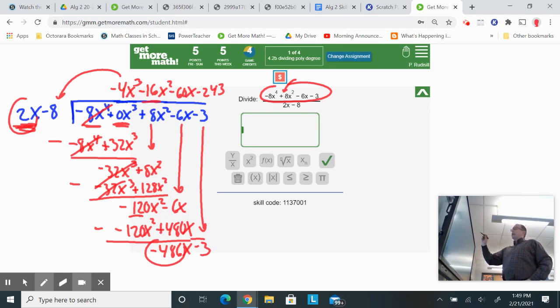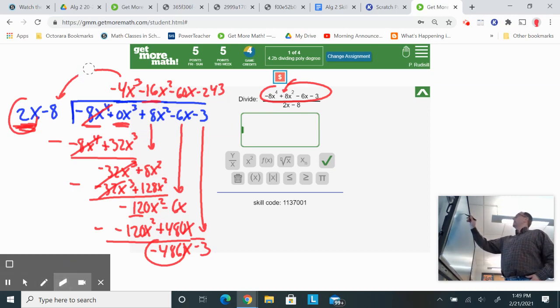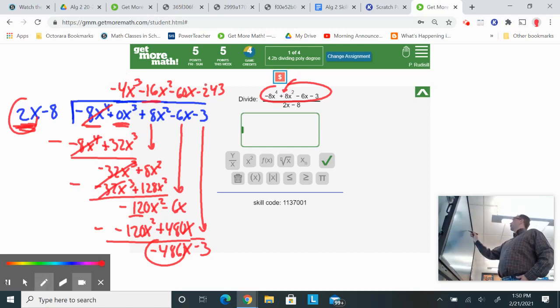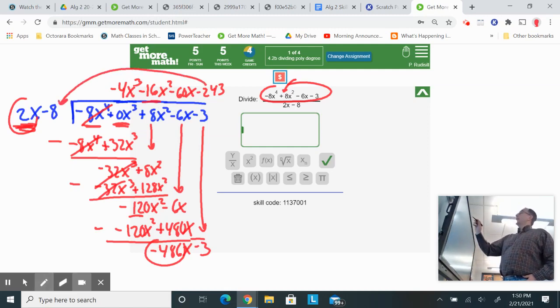Now I have to take that like I had done originally, and it's like we're distributing the negative 243 times a negative 8. Holy cow. So negative 243 times a negative 8 gives me 1944, it's a positive.